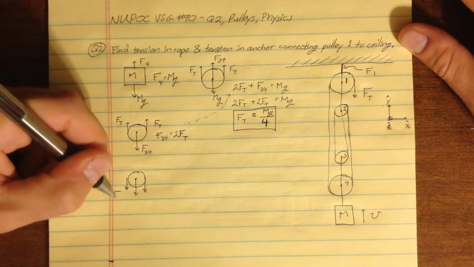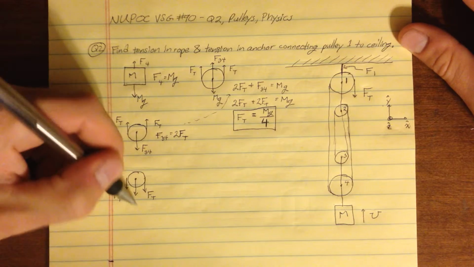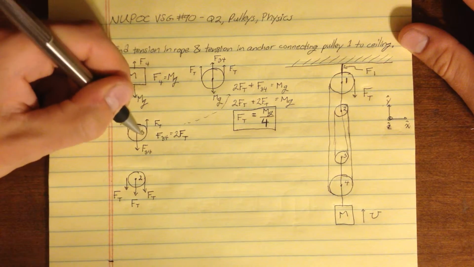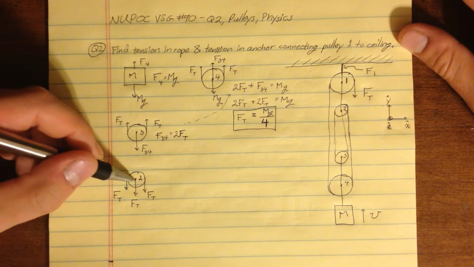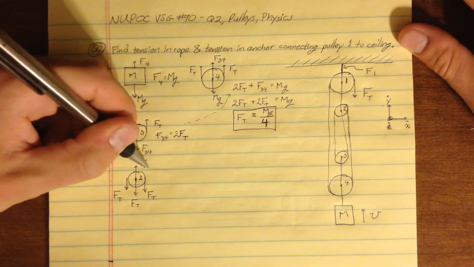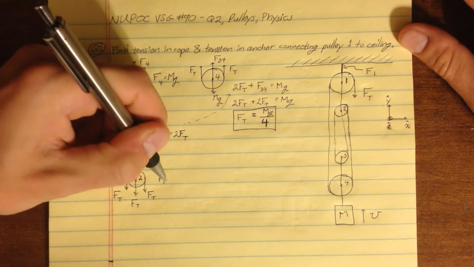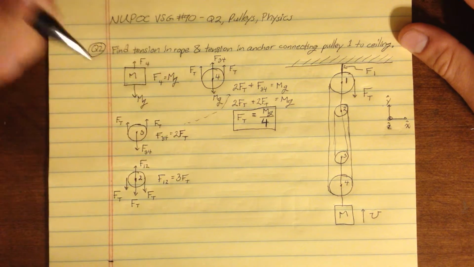We have where the rope wraps around the pulley, and then also where the rope is anchored to the middle of pulley 2, and then pulling up we have what I'll call F12, the connection between pulley 1 and pulley 2. So we have F12 equals 3Ft.